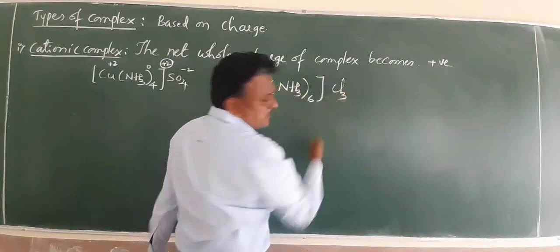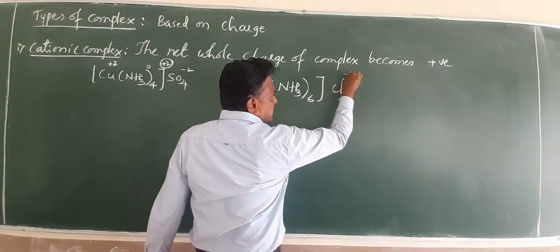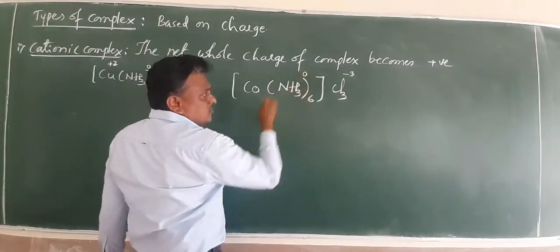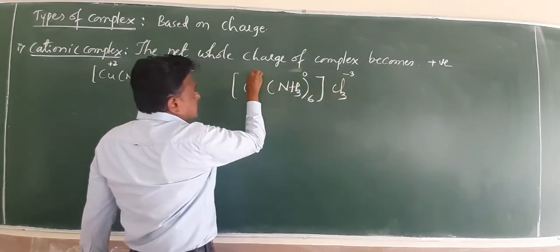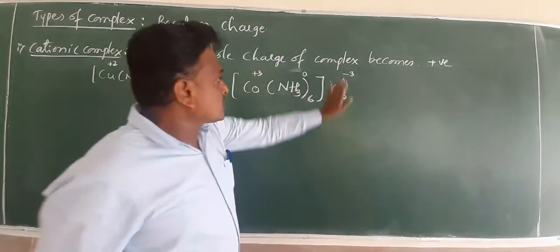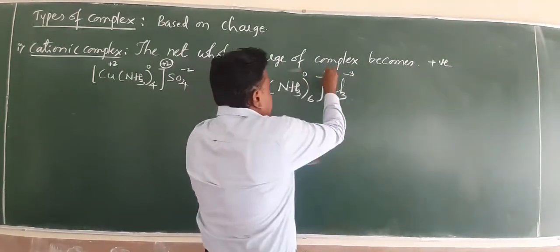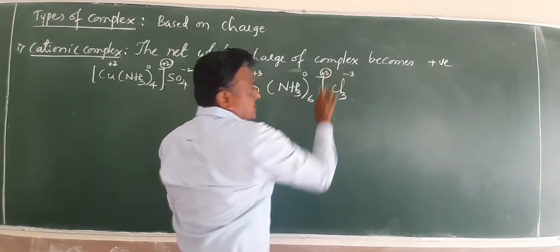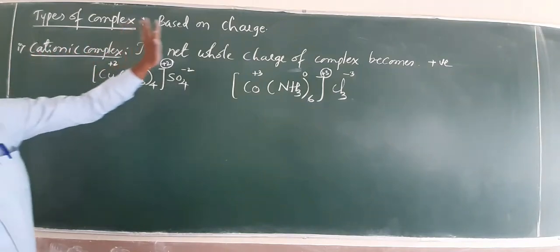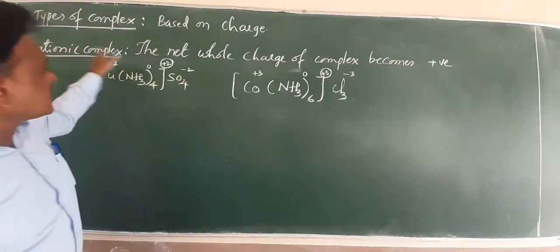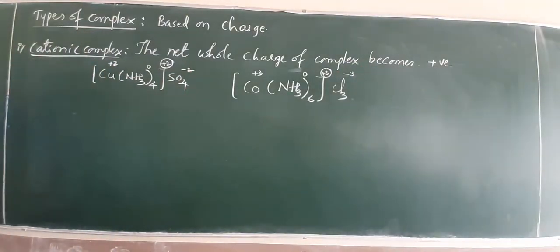This is minus 3 and obviously it is plus 3. What about the charge of the coordination sphere? This is plus 3. The net charge of the complex becomes plus 3. Those are known as cationic complexes.